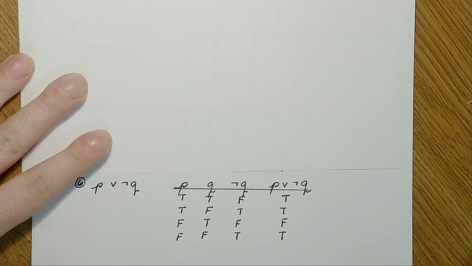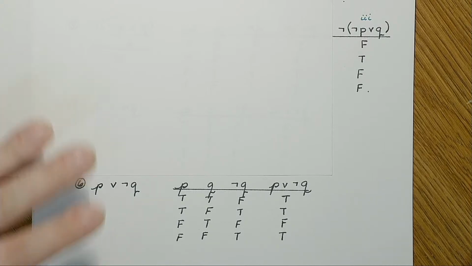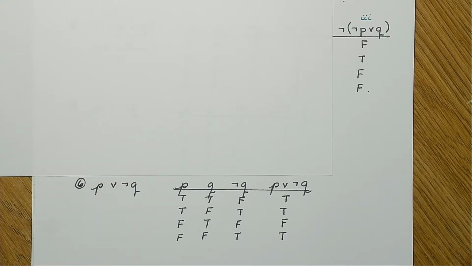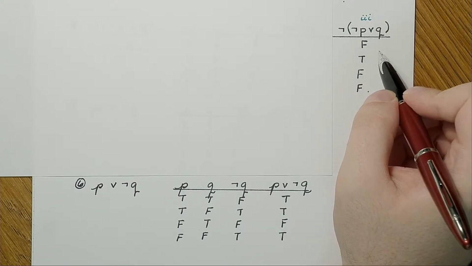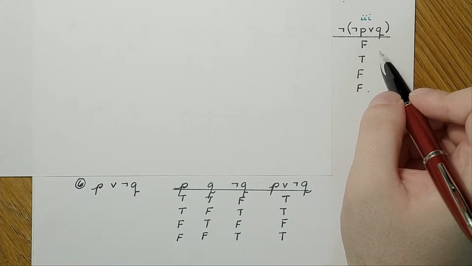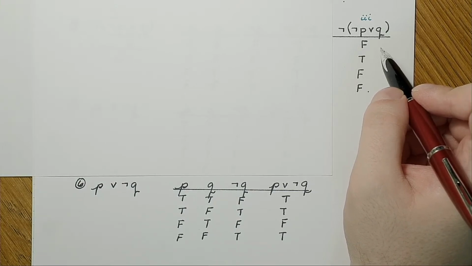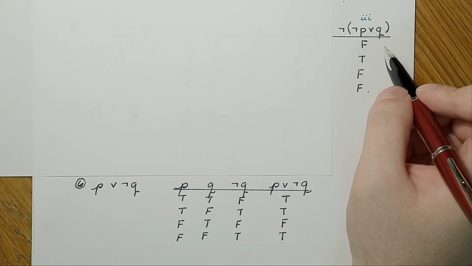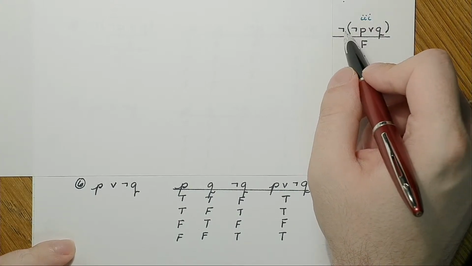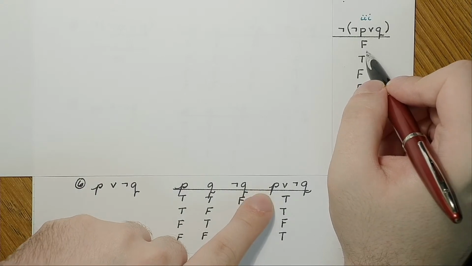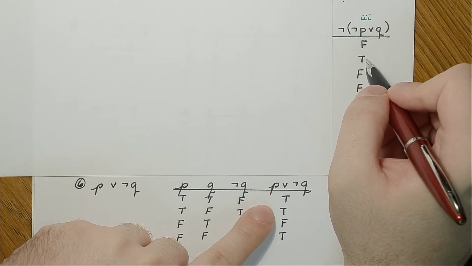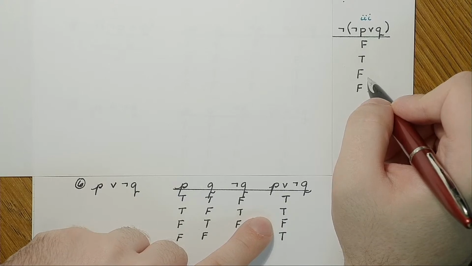This is jumping just a little bit ahead, but Val had asked, can this be simplified to P or not Q? To do that means to say that this is equivalent. I know we're getting a little ahead of ourselves, but to be logically equivalent, you have to have the same truth table. So he says P or not Q. So I have false and here's true. No. This matches, but that one doesn't match.